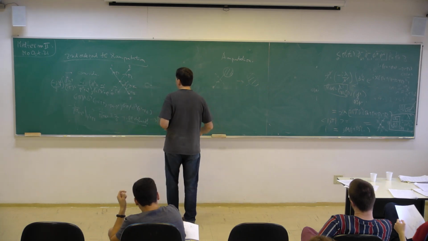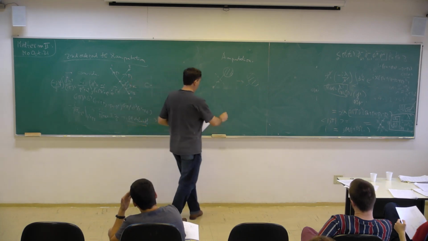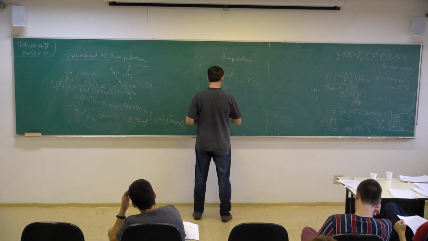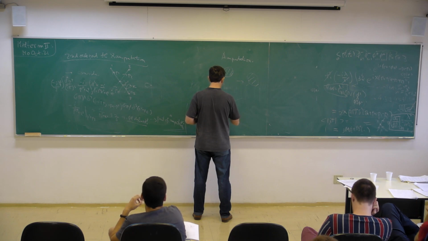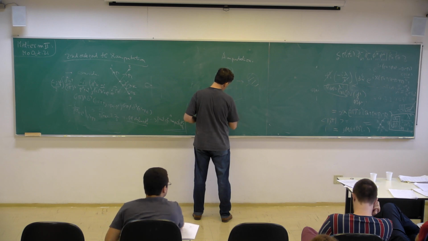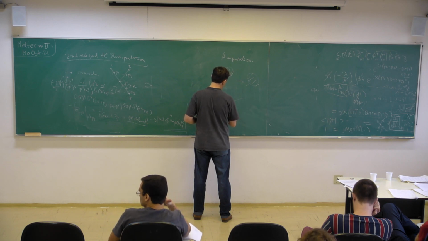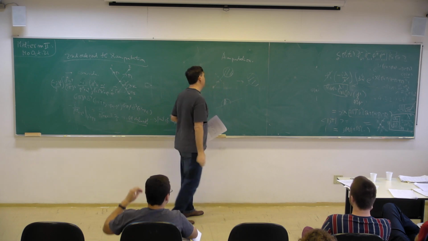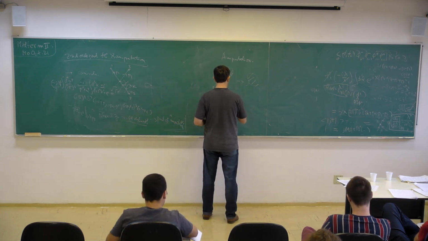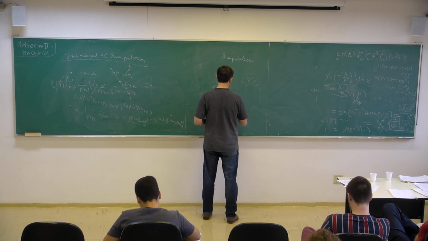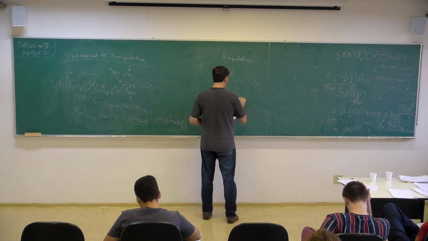But if I have something like this, let me make it a little bit more complicated. Yeah, phi to the fourth is a little bit hard to do. The examples I wrote are kind of complicated, phi cubed plus phi to the fourth.